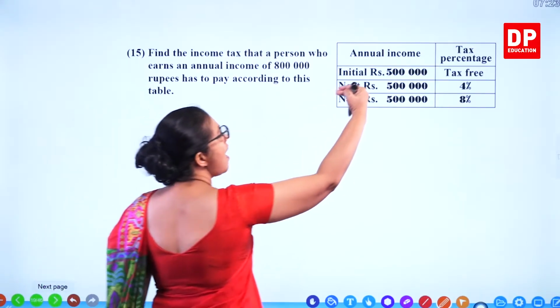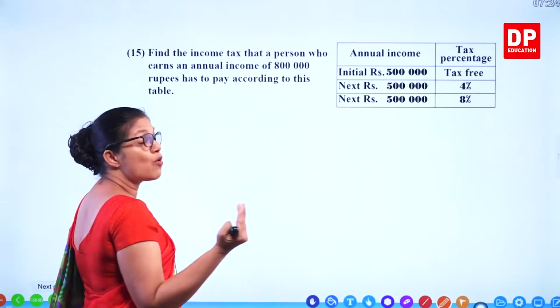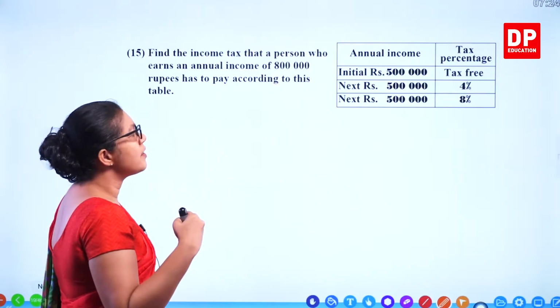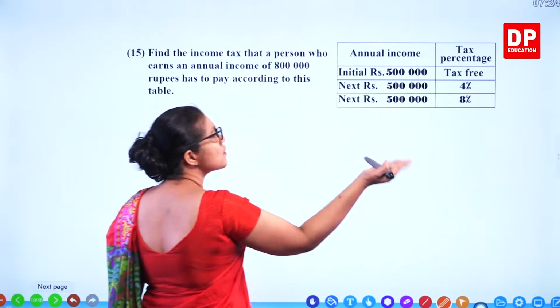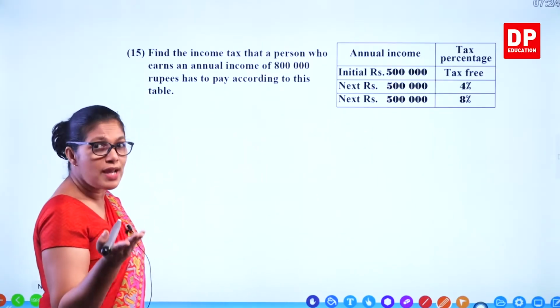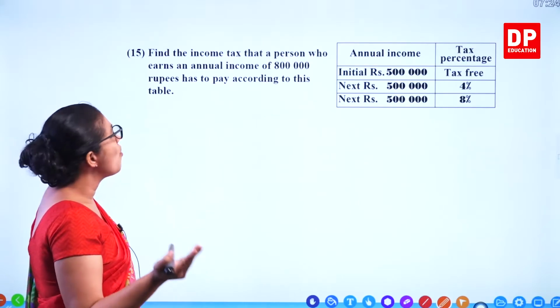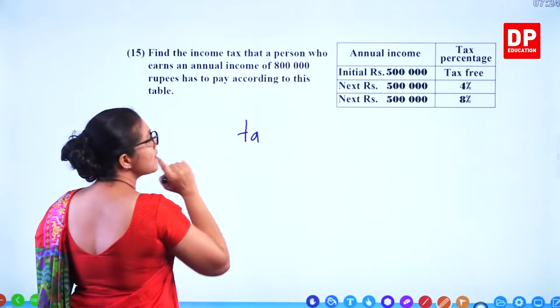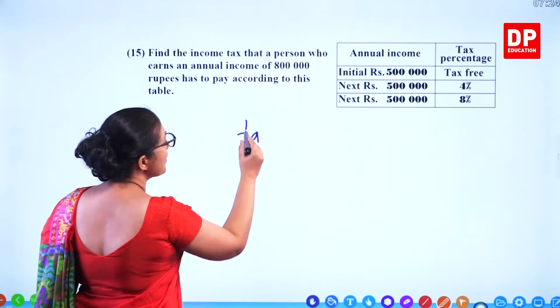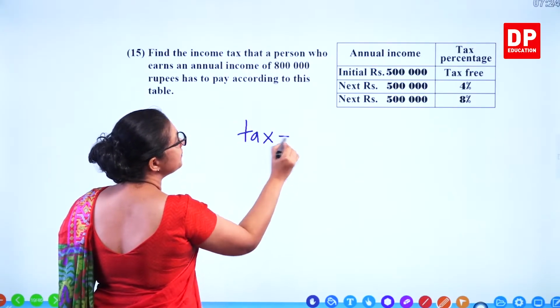So only after that. So 800,000 means another 300,000 here. So you only have to pay 4% tax for the next 300,000 rupees. So what's the tax that needs to be paid?